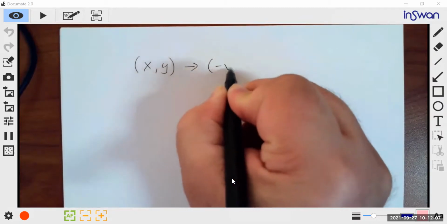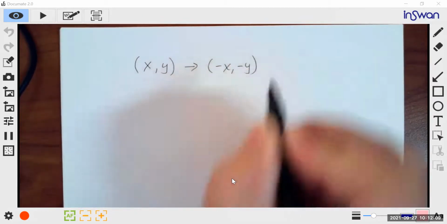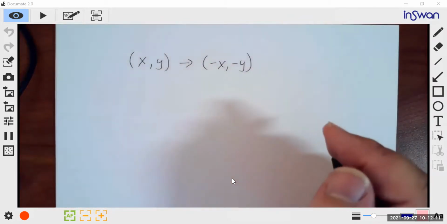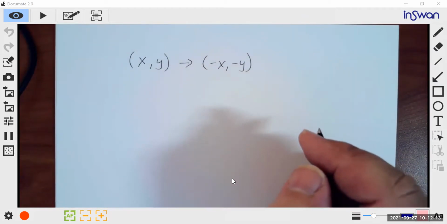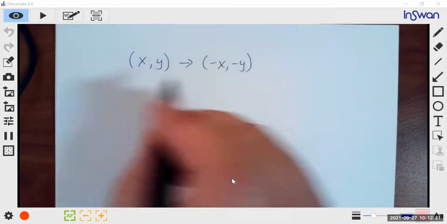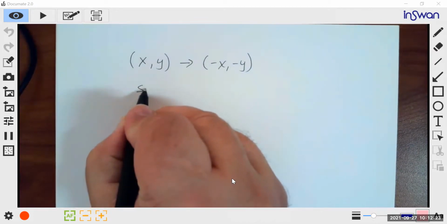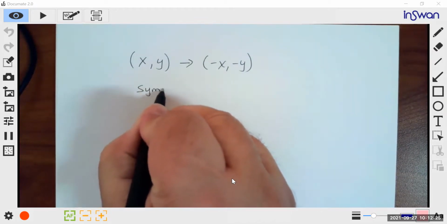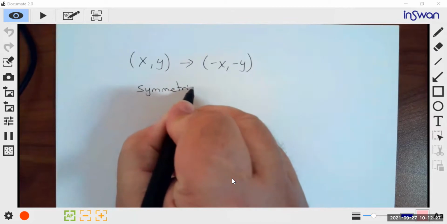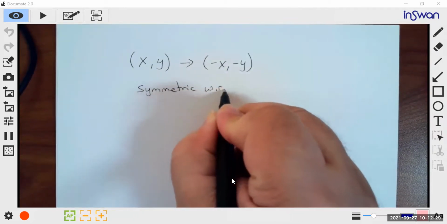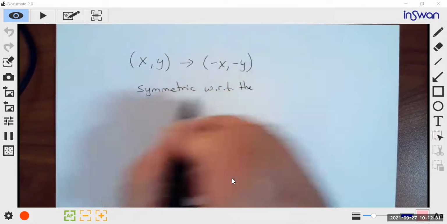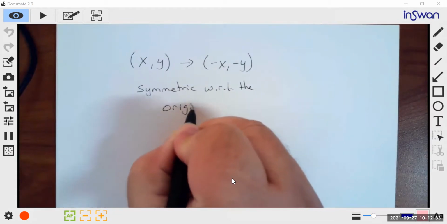What if we change both x and y? What's that symmetric to? Symmetric with respect to the origin.